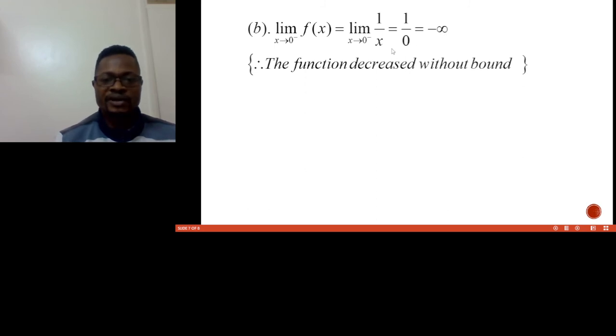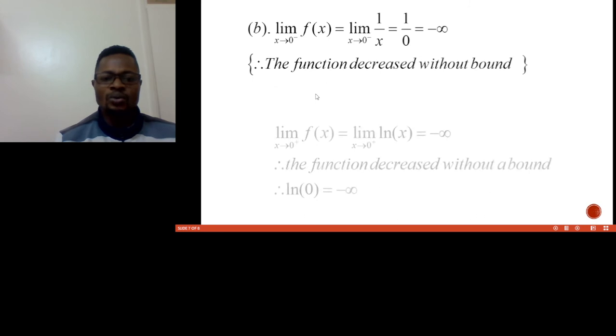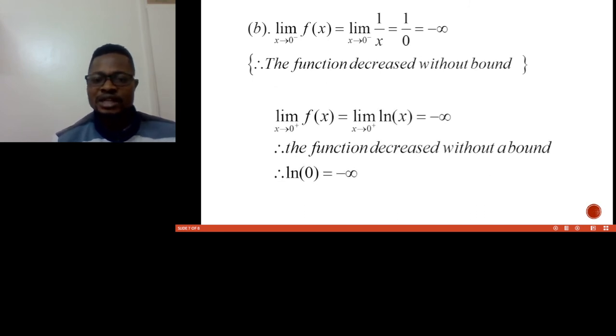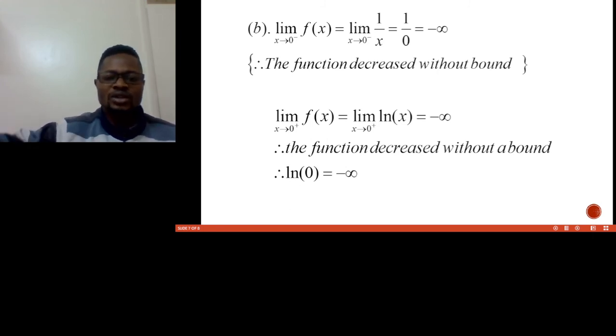So this is undefined. But anything that is divided by 0 means it is a very big number. So it is negative infinity, because we cannot divide this by 0. Therefore, we can say that the function decreases without bound. They continue going, because infinity is something you cannot reach.